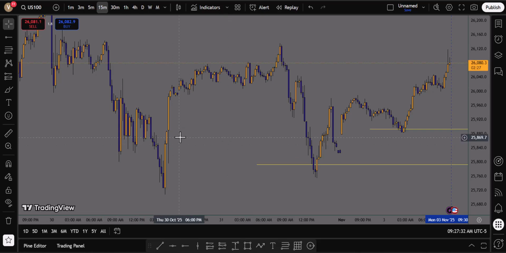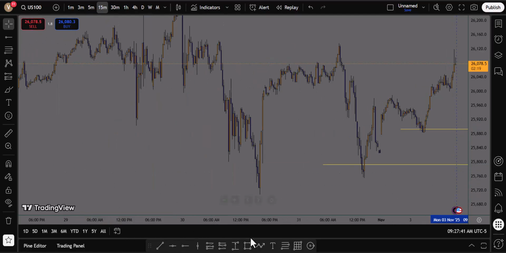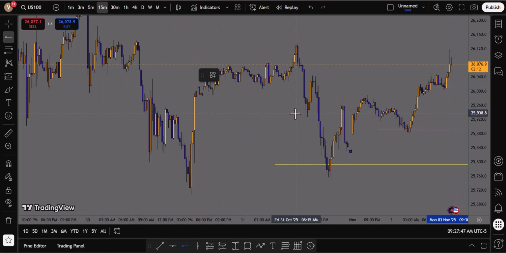The only thing I might want to check is the 12 a.m. open. Yeah, the 12 a.m. candle open.